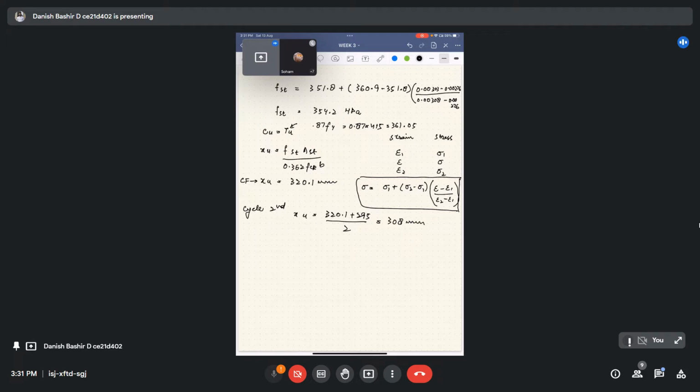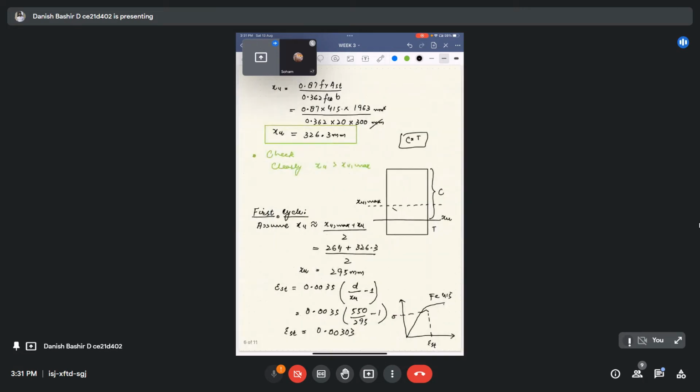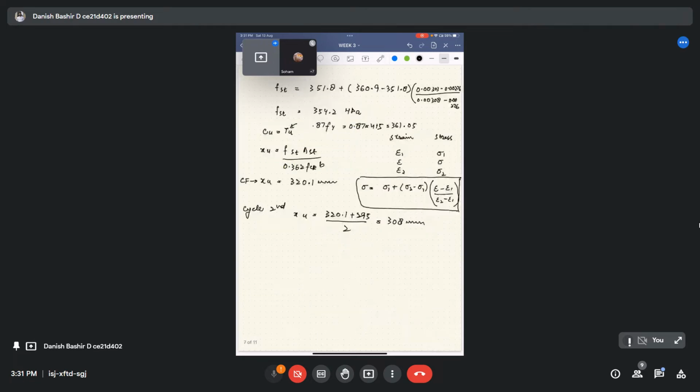For 308 mm, I calculate the strain in the steel from this formula. Epsilon ST is equal to 0.0035 (d by XU minus 1). Plugging in all the values, we get the strain at the centroid of steel as 0.00275.